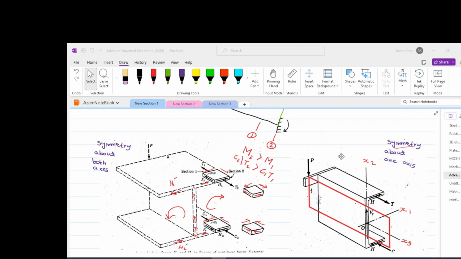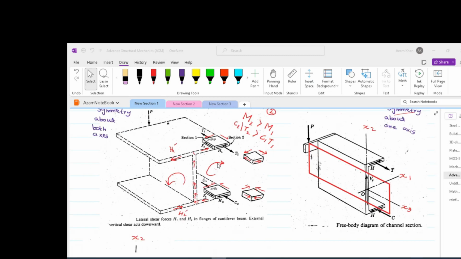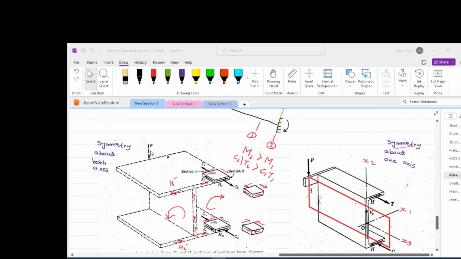Please note that in the case of I section, we had a symmetry about both axes. Because of this symmetry, our moments about M3 were internally getting cancelled out. So we didn't need to offset our loading axis. The loading axis is x2, x3.